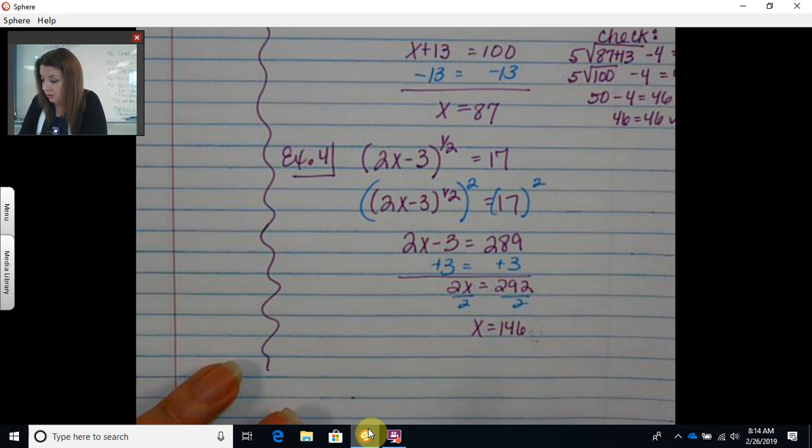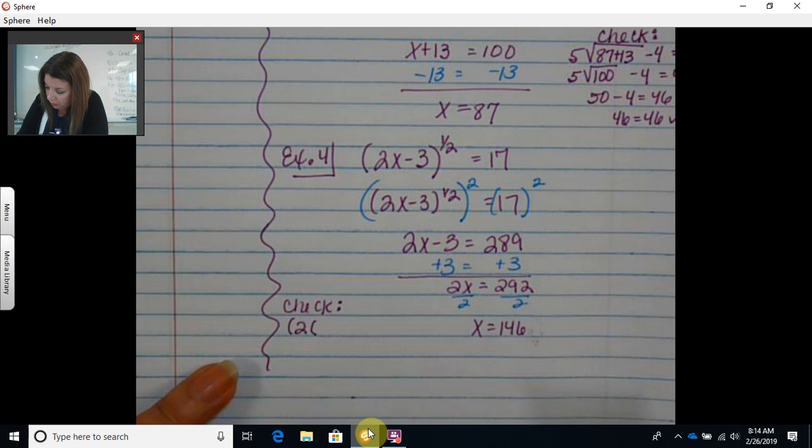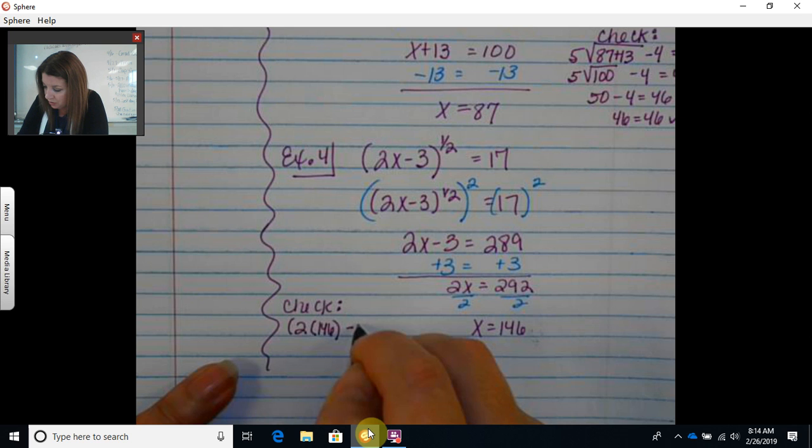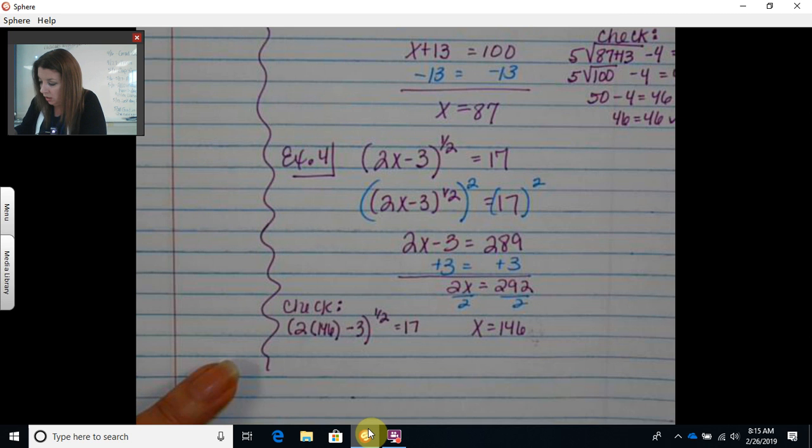Let me just check myself real quick. So that's 2 times 146 minus 3, quantity raised to the 1/2 equals 17. 2 times 146 is 292, right?